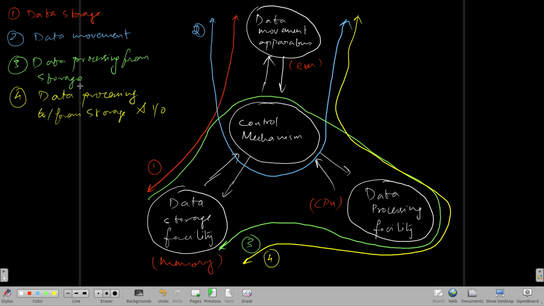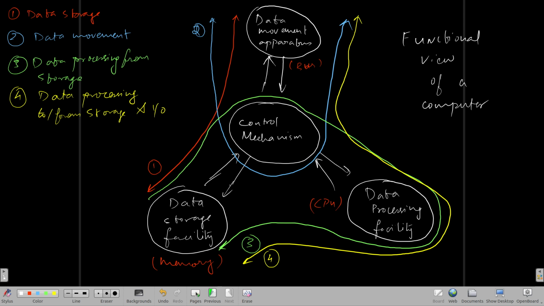Okay, this is the functional view of a computer.